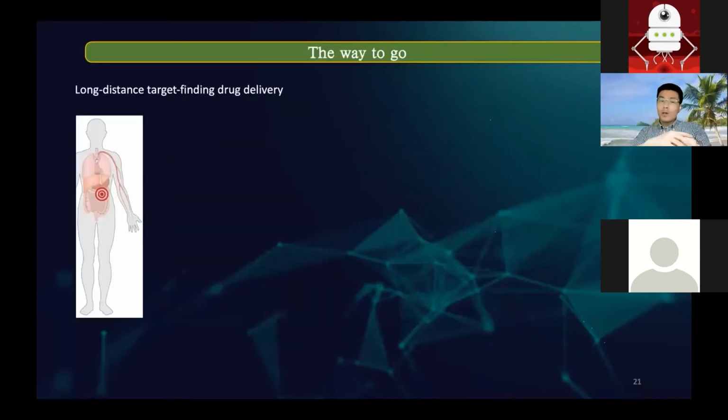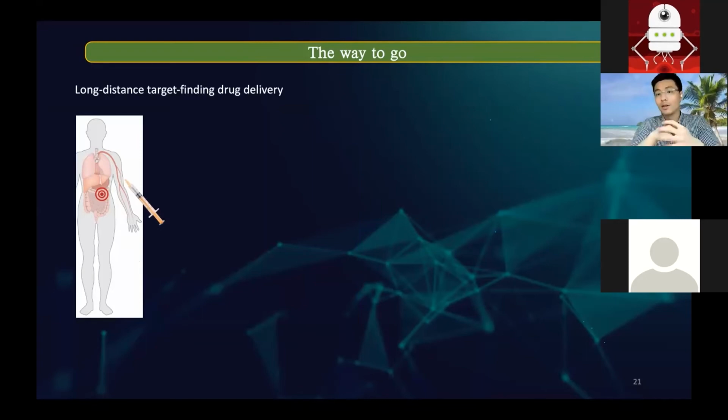So here I want to give an outlook on our mechanism, on what we can do with the current decision-making mechanism of active particles. Nanorobots have been envisioned as drug delivery carriers for precision medicine for a very long time. Imagine there's a disease in the human body, so we can inject the nanorobots into the body, and those nanorobots can deliver the drug to the disease directly by chemotaxis.